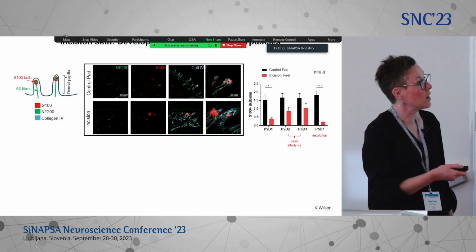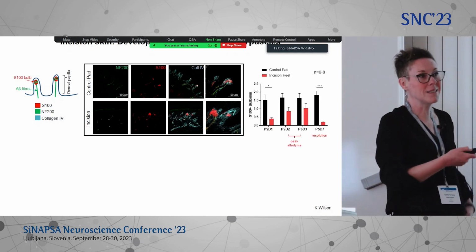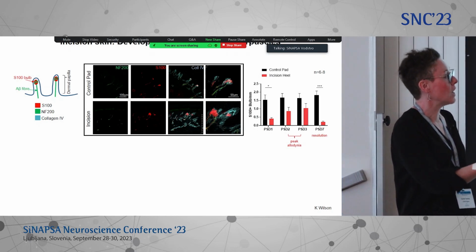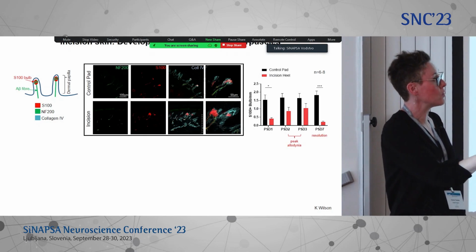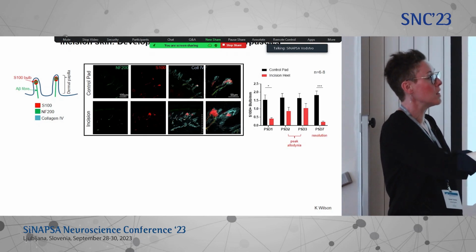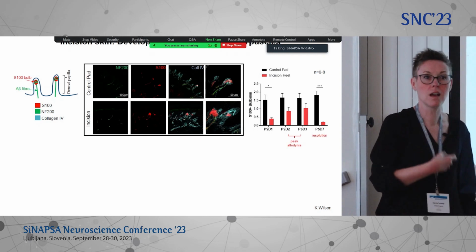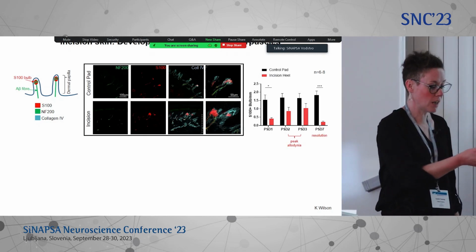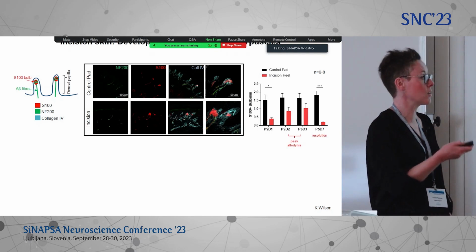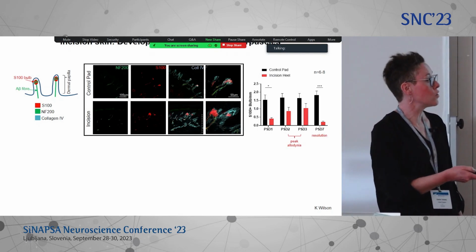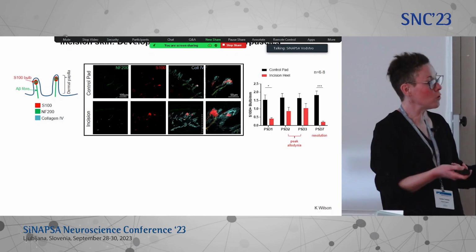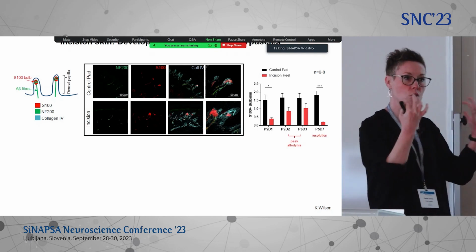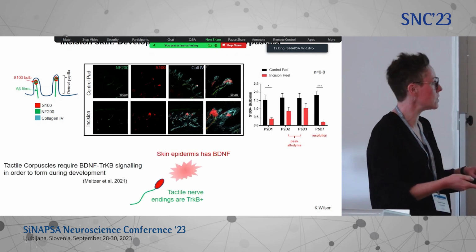And if we look at the density of these tactile corpuscles, by quantifying these S100 bulbs, the density peaks at the peak of allodynia and is reduced at allodynia resolution. So, following incision, we appear to have the development of these novel tactile corpuscles around the incision site.